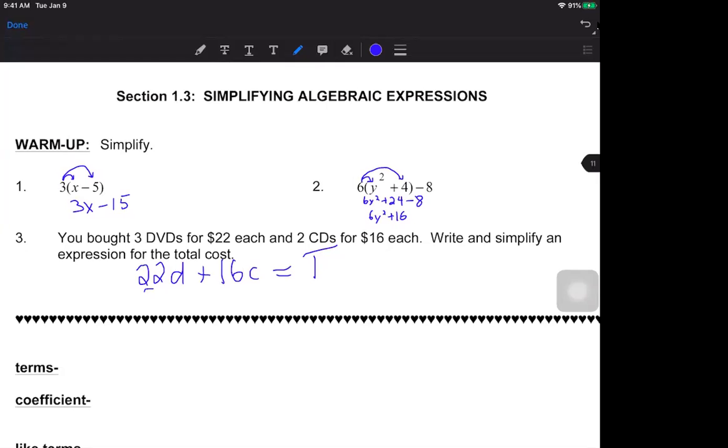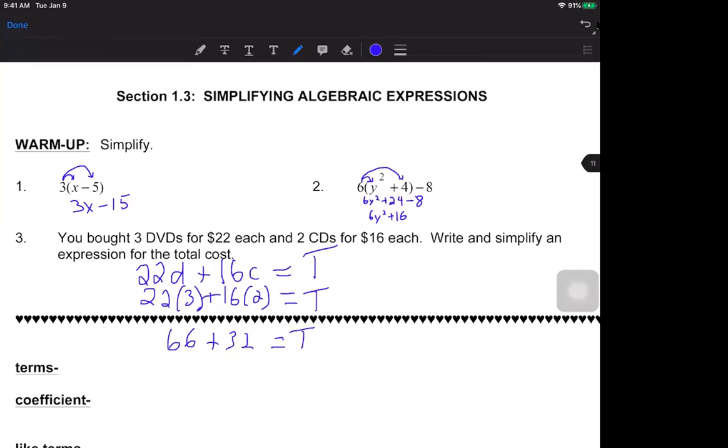Now we're going to go ahead and plug in, just like we did last section. We have 3 DVDs plus 2 CDs, and that's going to equal your total. 22 times 3 is going to give us 66. 16 times 2 is going to give us 32.